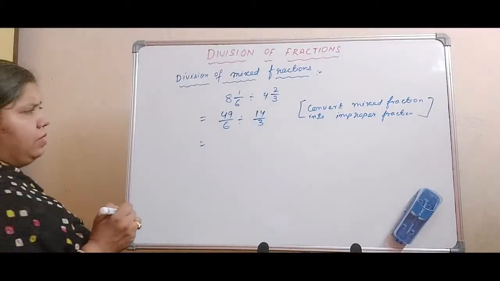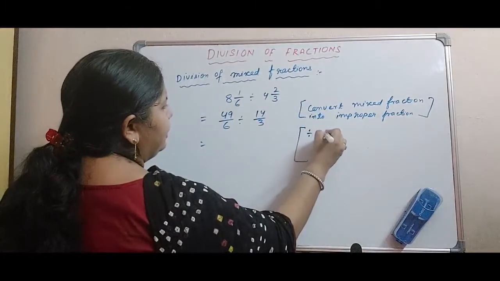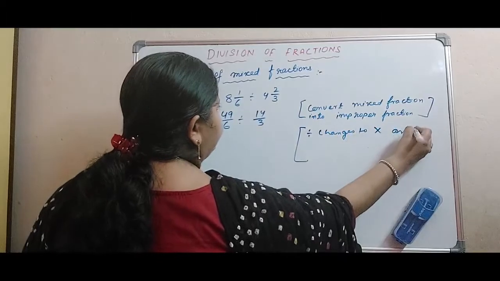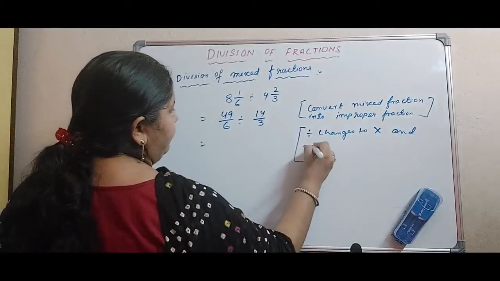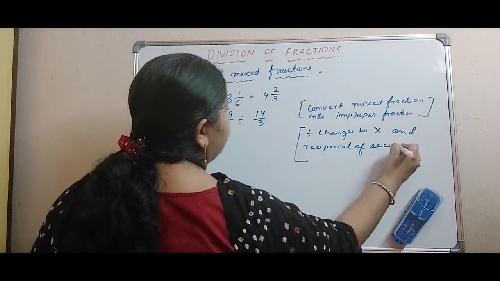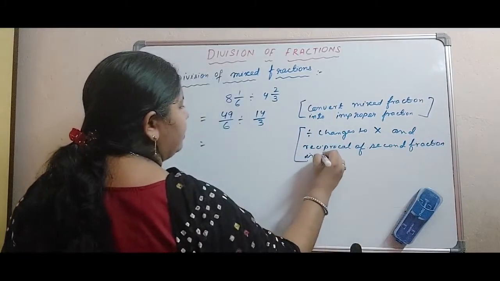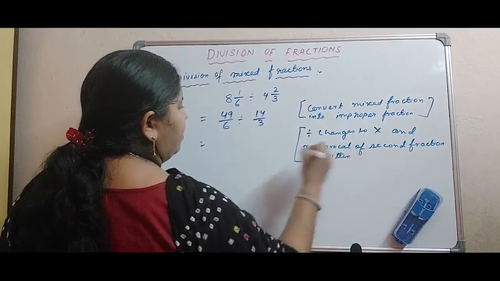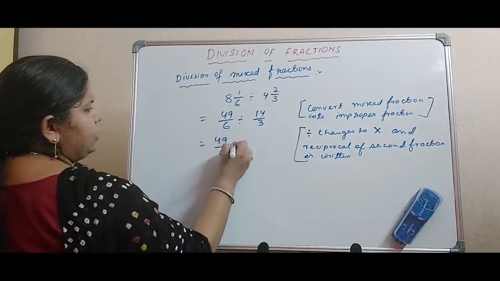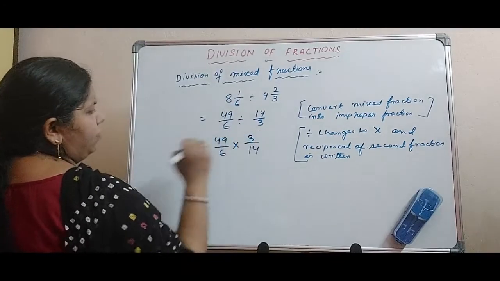Now what will you do? Same process. Division changes to multiplication and the reciprocal of the second fraction is written. So 49 by 6 will remain the same. Division changes to multiply and 14 by 3 will become 3 by 14.